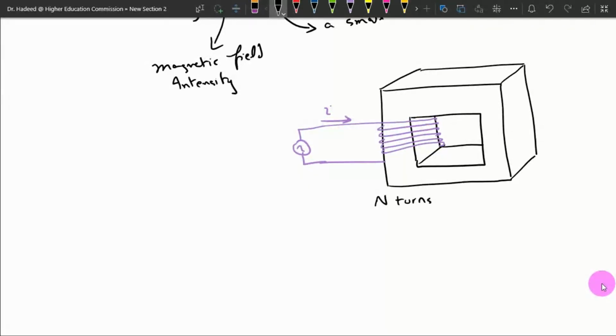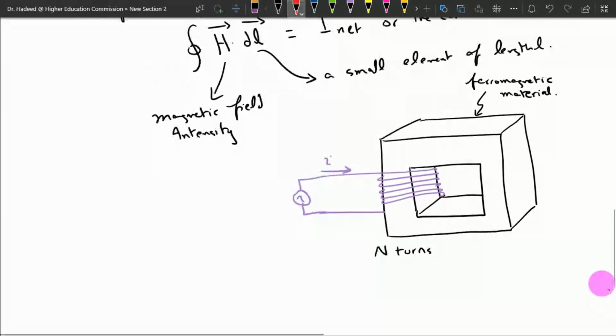And this core is made up of a ferromagnetic material. We also consider that this ferromagnetic material is a lossless material, right?